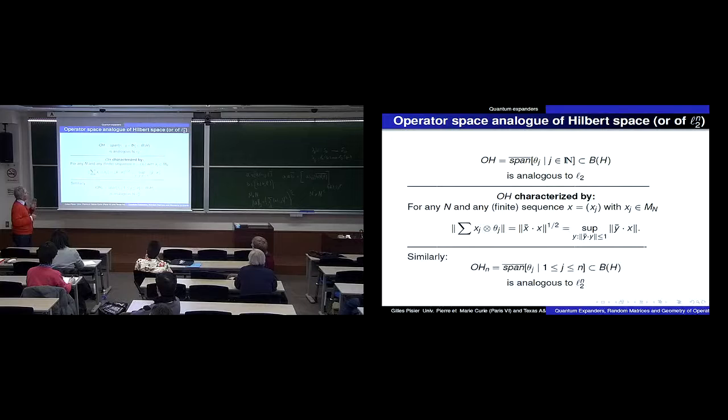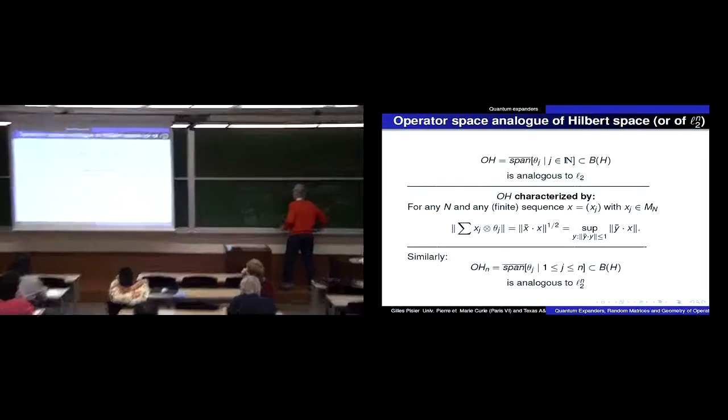You can show that there is a system of bounded operators on Hilbert space, which I denote theta j, which is an analog of the orthonormal basis of Hilbert space in the following sense. If I take an expression like this, and I take the norm, just to be complete, I have to explain this.